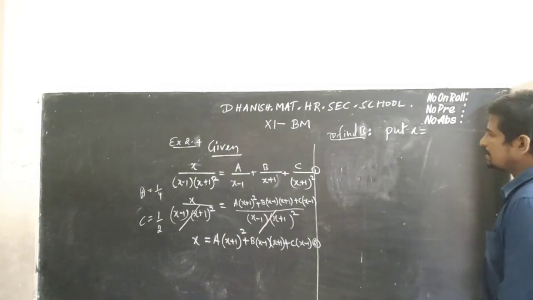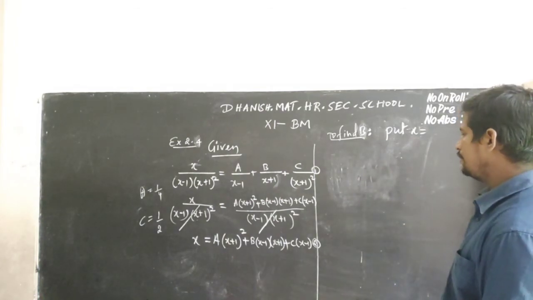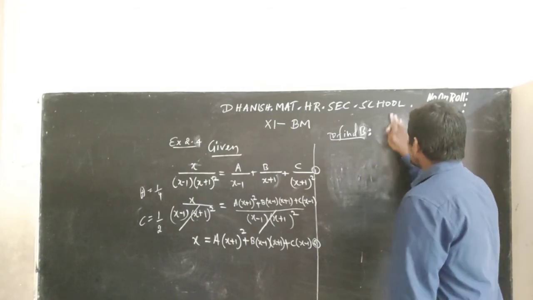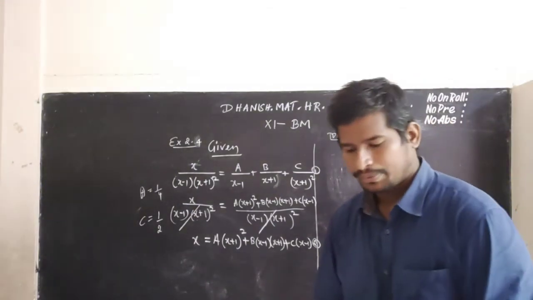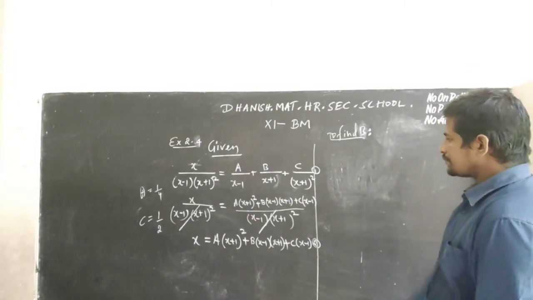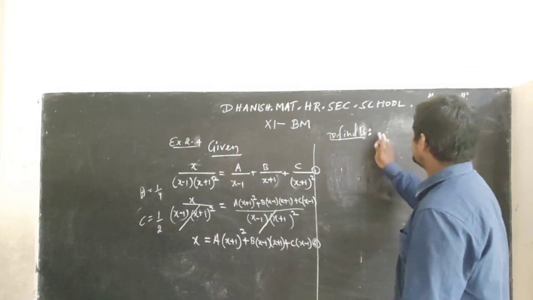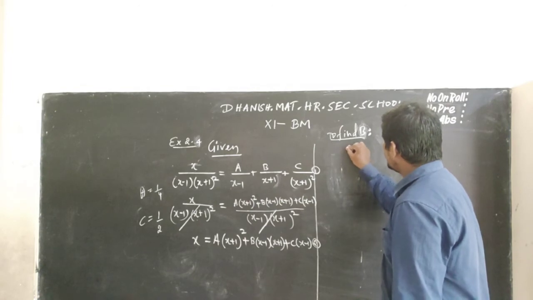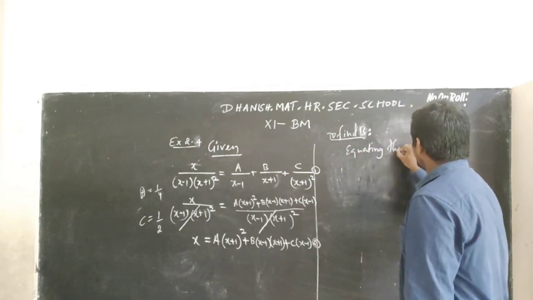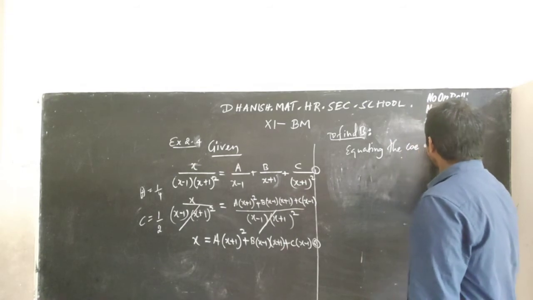If you put x, we won't get the B value. So I am going to use some other technique. We can equate the coefficient of x square to find B. Equating the coefficient of x square.